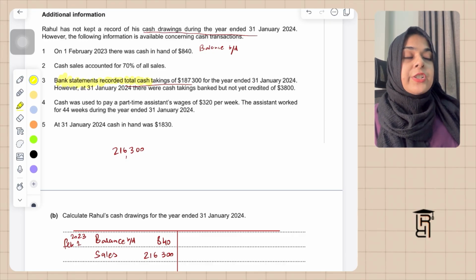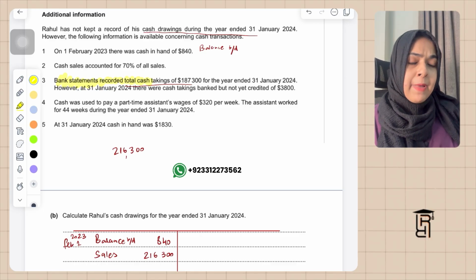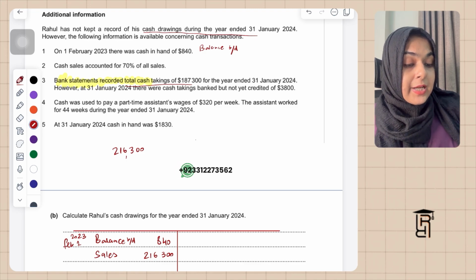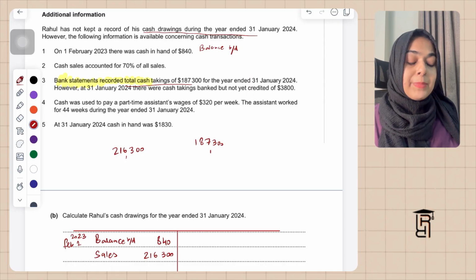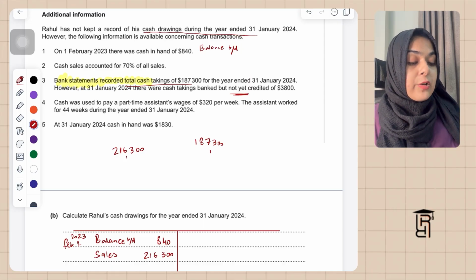Normally the word cash takings means that whatever cash we have in the cash drawer, we put some amount in the bank account. So the cash takings on the bank statement is 187,300, but they have also said that there are some cash takings which were not credited by the bank of 3,800.